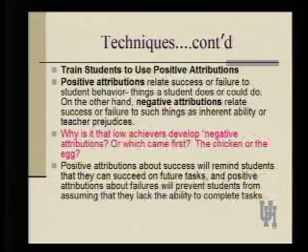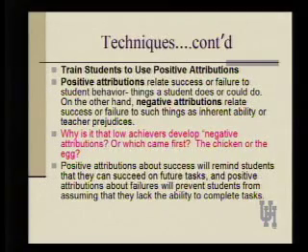We talked about attributions a little bit earlier in classroom management, I believe, but in any event, we know that children who are low achievers don't necessarily attribute success and failure to appropriate causes. They tend to think when they succeed it's because they're lucky. They tend to think that when they fail it's because they don't know why, the teacher didn't like them.